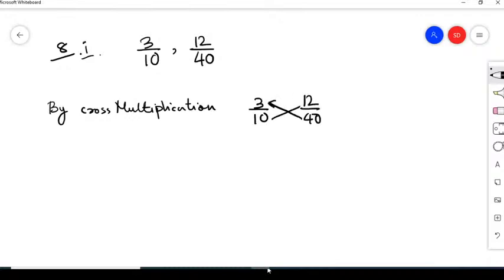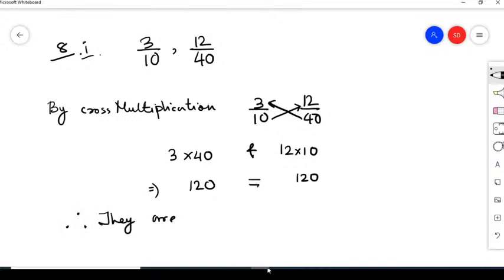So if you cross multiply, what you will get? 3 into 40 and 12 into 10, right? So that is 120 here, 120 here also. So they both are same, therefore they are equivalent fractions. Okay, this is how you will write.